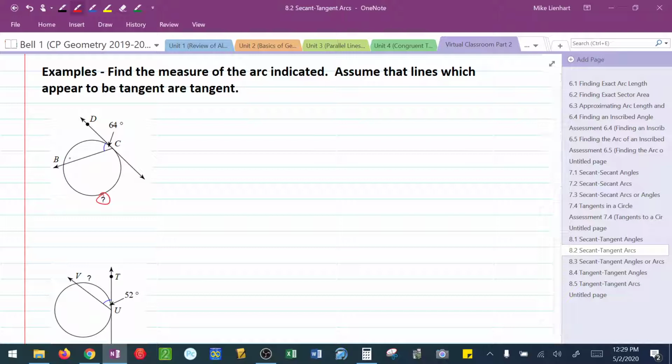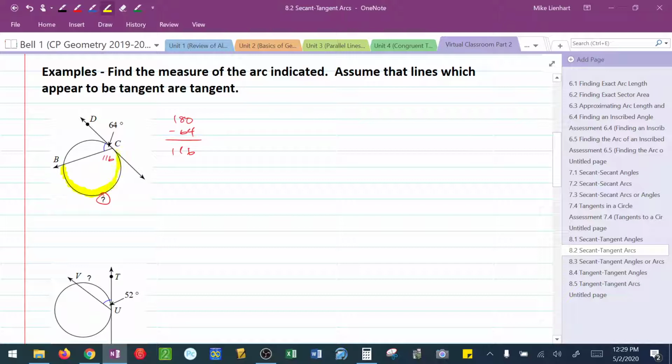But I'm going to try a different approach based on prior knowledge about adjacent supplementary angles. I know that 64 plus some angle over here has to give me 180 degrees. So I'm going to start off by taking 180 minus 64, and that gives me 116. I know that this angle is 116. This is the angle for this arc.